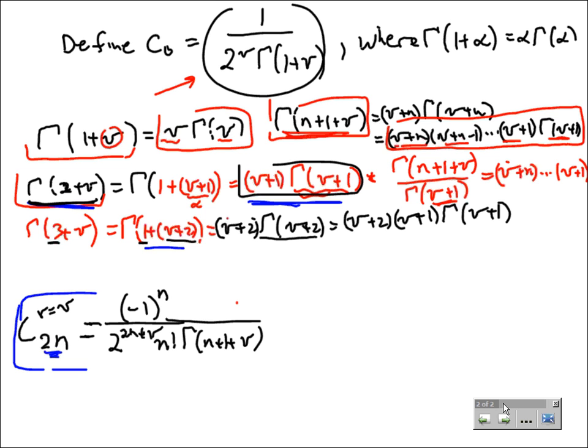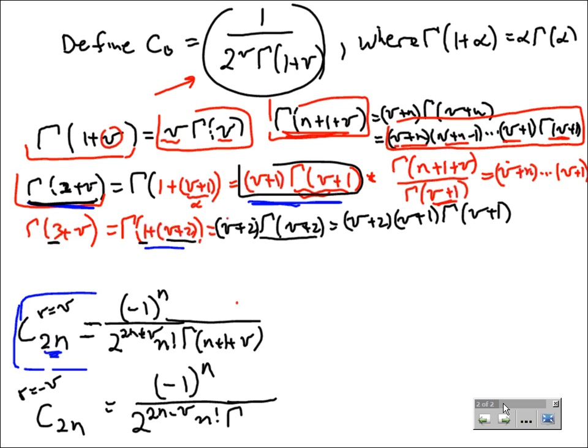Which means that if I say r, remember r was able to equal v or negative v? If r was equal to negative v, then c sub 2n will just be negative 1 to the n divided by 2 to the 2n minus v times n factorial times the gamma function of n plus 1 take away v.